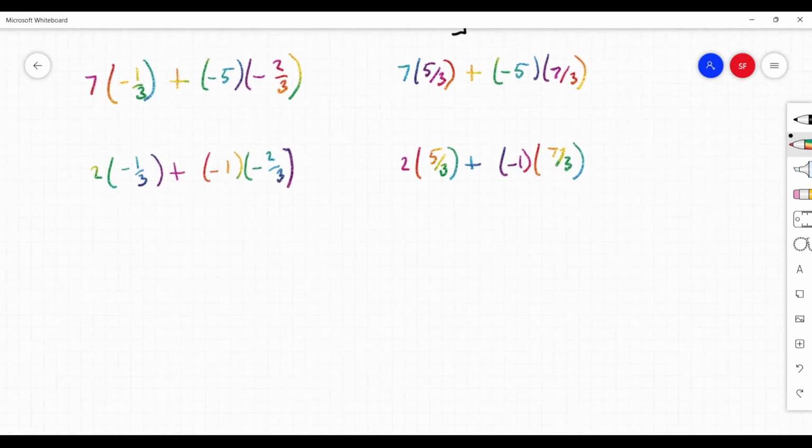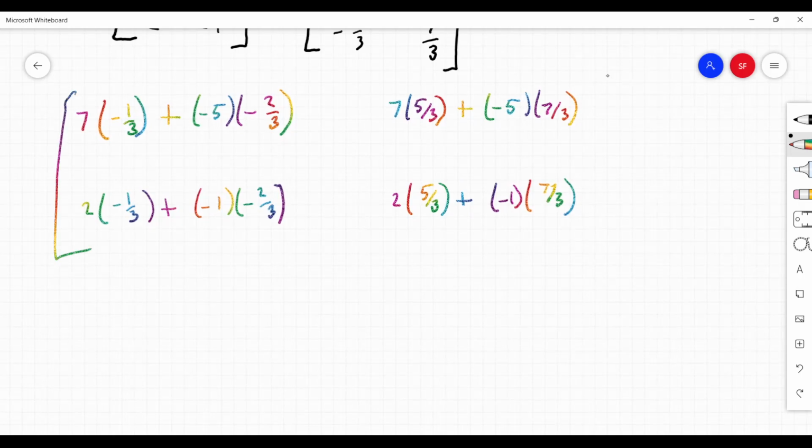So this ends up being -7/3 plus 10/3. This one ends up being 35/3 minus 35/3.